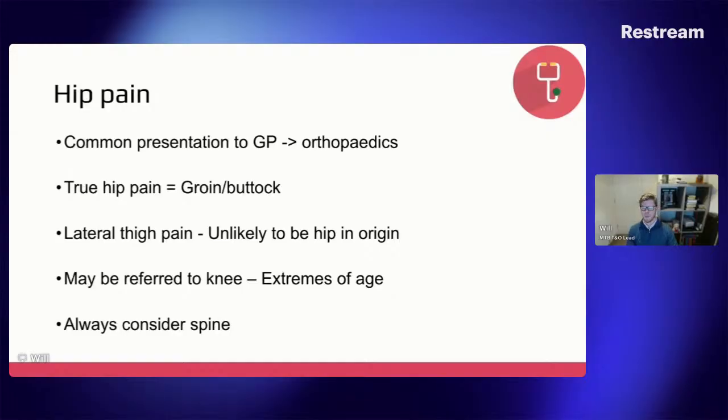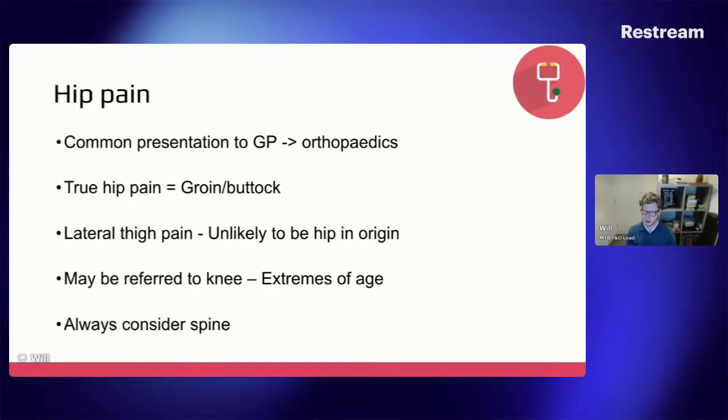So starting off, thinking about hip pain in general, it's a really common presentation that is going to turn up to the GP, and therefore it's going to be a very common thing that GPs are going to refer into the orthopaedic service. But the really big thing is a lot of people get confused about hip pain.